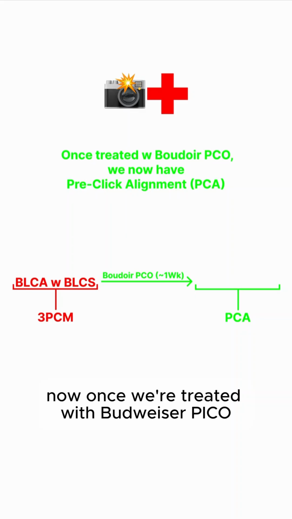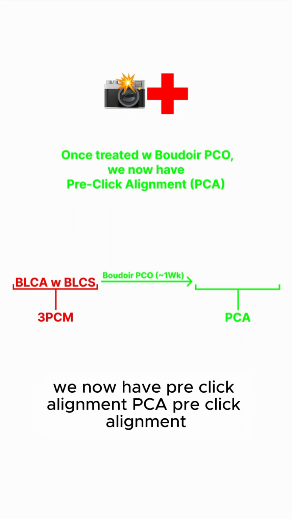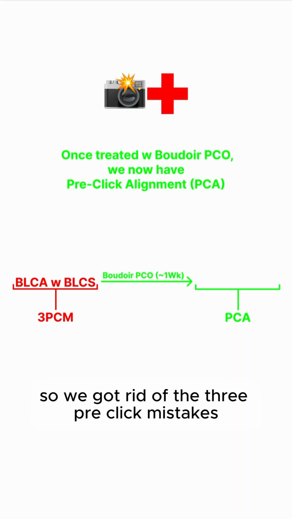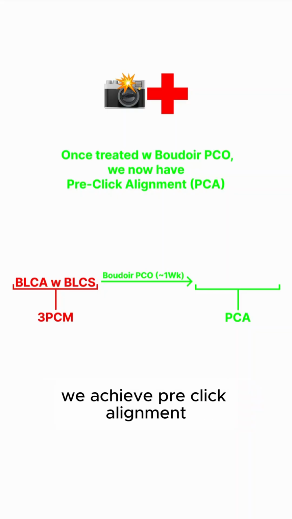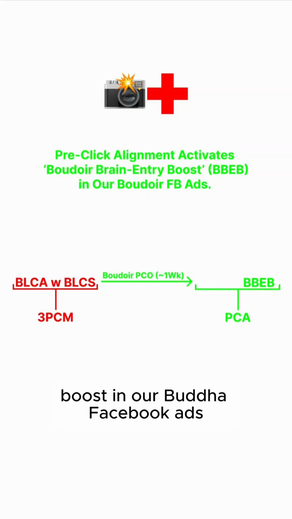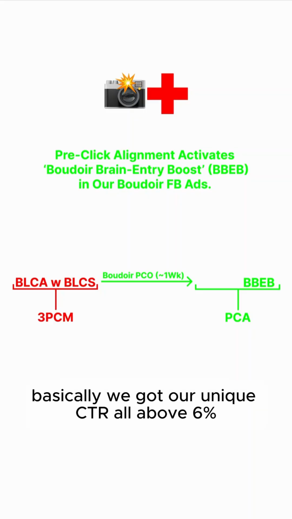Now, once treated with Boudoir Pico, we have pre-click alignment, PCA. So we got rid of the 3 pre-click mistakes. We achieve pre-click alignment, and pre-click alignment activates Boudoir brain entry boost in our Boudoir Facebook ads. Basically, we got our unique CTR above 6%.